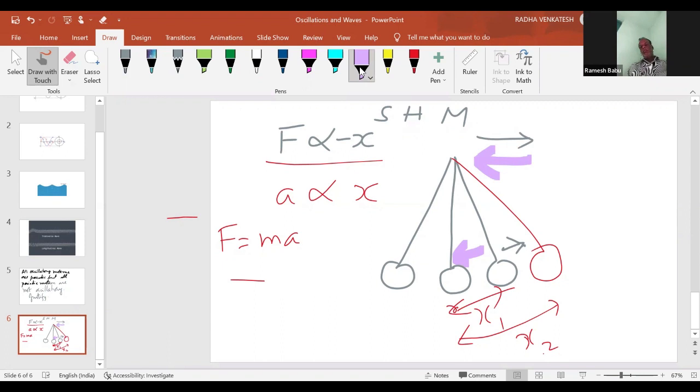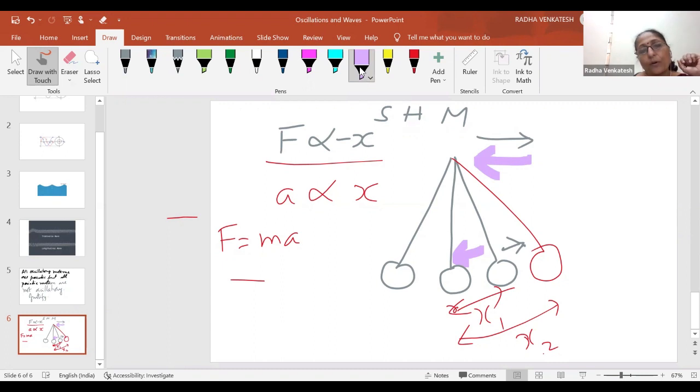So the feature here is that the restoring force is always in a direction opposite to the displacement. And that restoring force is proportional to the displacement I'm causing. Then I say the oscillatory motion is a simple harmonic motion.